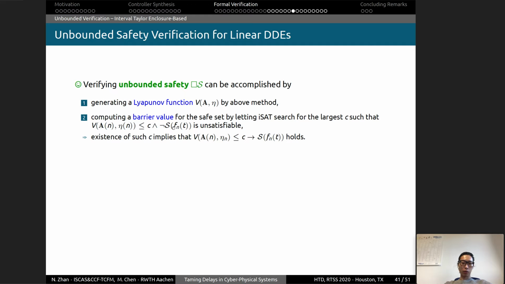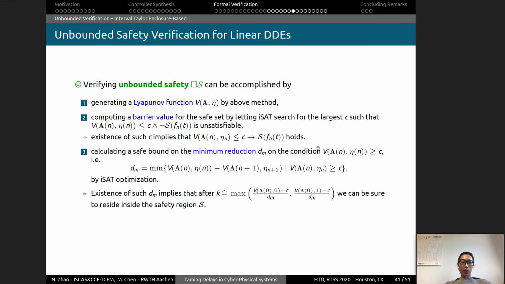Now, if we were able to find such a C that this formula is unsatisfiable, then the Lyapunov function does not exist, which implies the fact that the solution is always safe. So it stays always within the safe set of states. Great, now we need some further calculation because we have to reduce the unbounded safety to bounded one, and this can be done by calculating a safe bound, d_m here.